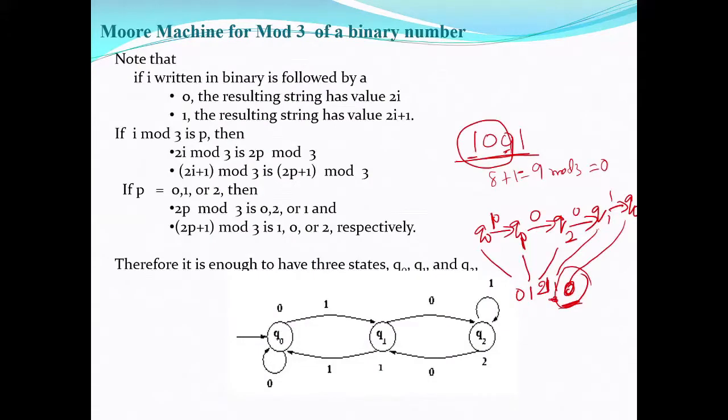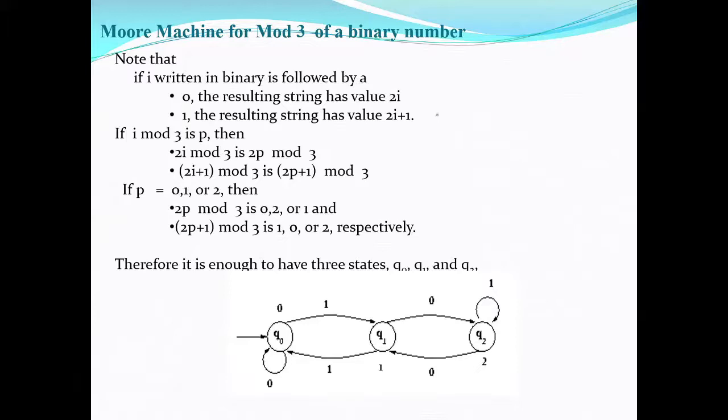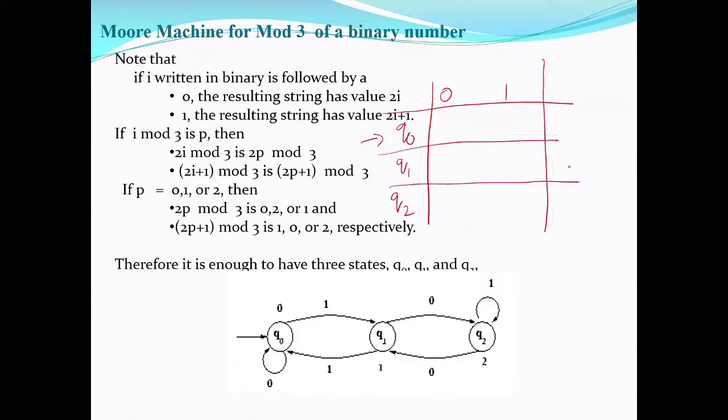For example, if I want to write the transition table for this Moore machine, let me erase this. Now suppose I want to write the transition table. For example, let us say I have q0, q1, q2. There are no final states. This is initial state. The input alphabet is 0, 1. So earlier this was your transition table. q0 on 0, q0, q0 on 1, q1. Then q1 on 0, q2.